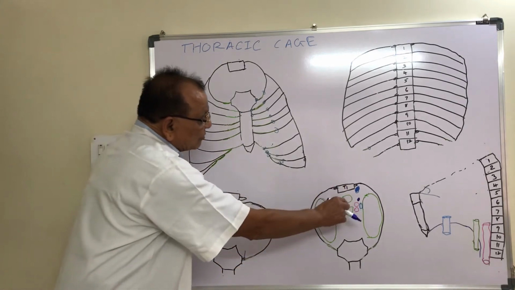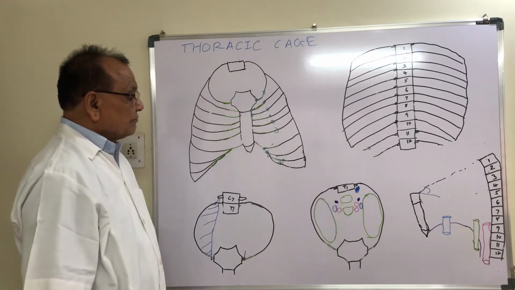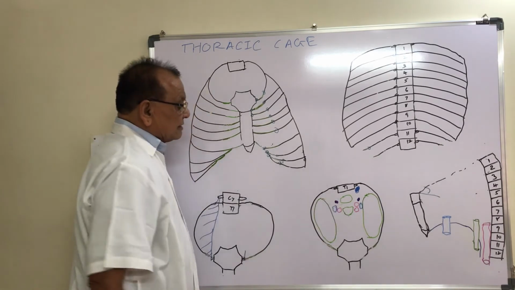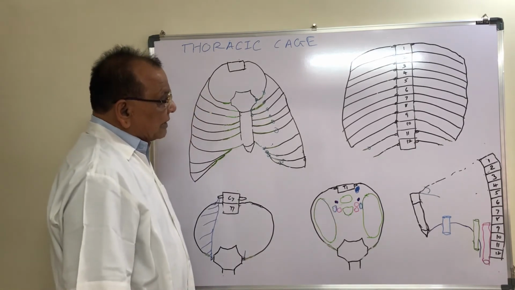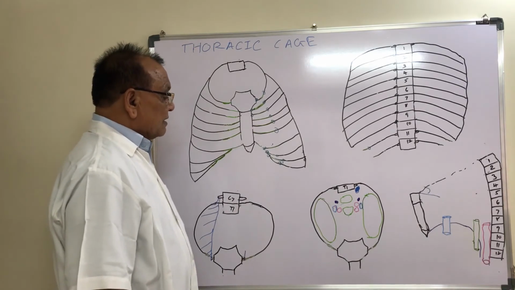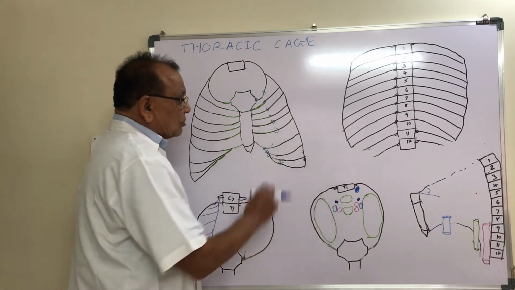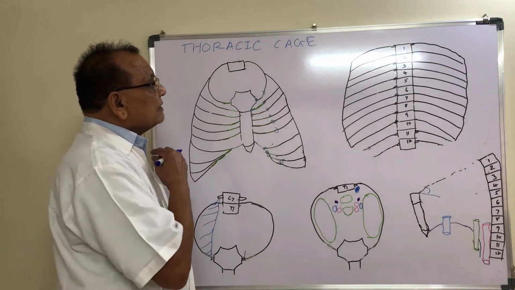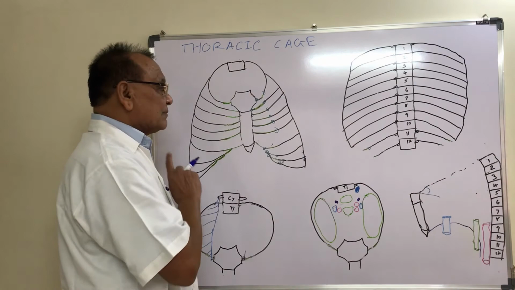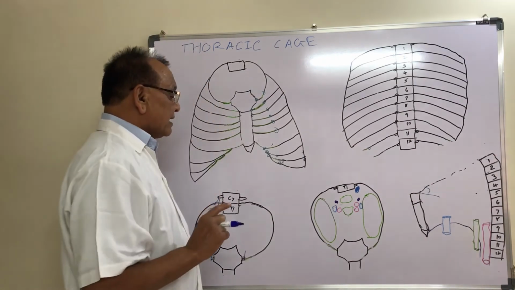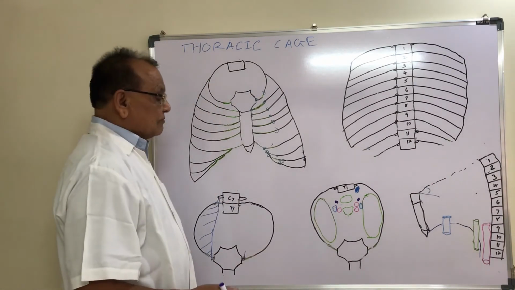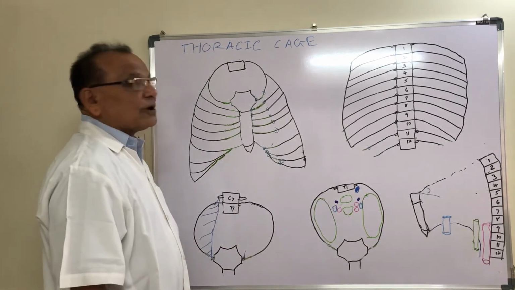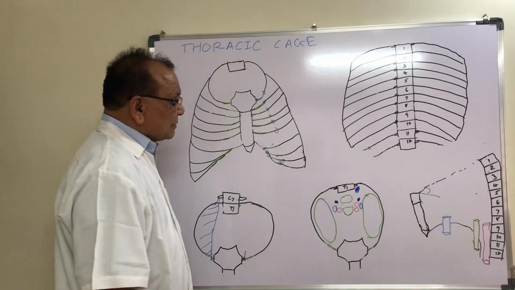Now on the right side of the trachea and esophagus, you will get one artery that is called the right brachiocephalic artery. Suppose you trace the right brachiocephalic artery, it divides into two branches. One branch goes to the right side of the head and neck, and it is called the right common carotid artery, and one goes into the right upper limb, it is called the right subclavian artery.